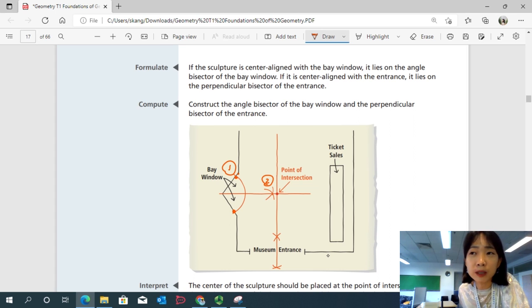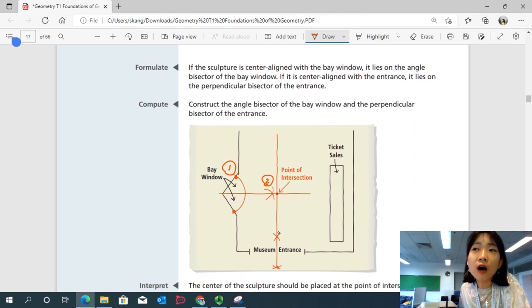How do you draw a perpendicular bisector? You're going to draw two arcs above and below your museum entrance with the same setting on both ends. Okay? Then you know that these two intersection points are going to be the same distance from your two endpoints.